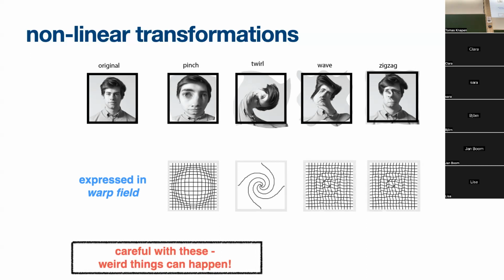And what you need to know is that for the linear transformations that we talked about in the previous slide, you have just a bunch of parameters that you can estimate, and then that's it. So the problem is relatively well posed, whereas here, these warp fields have more or less infinite parameters, so weird things can happen. You can do more or less anything with a nonlinear transformation.